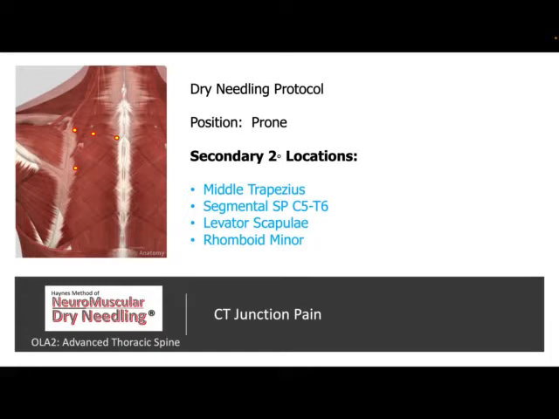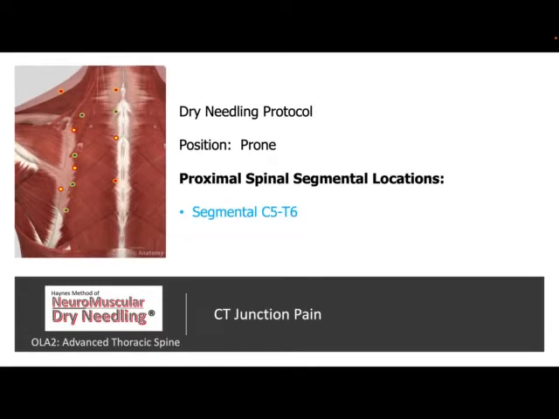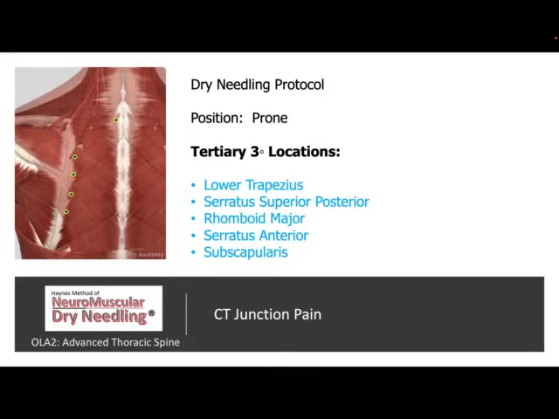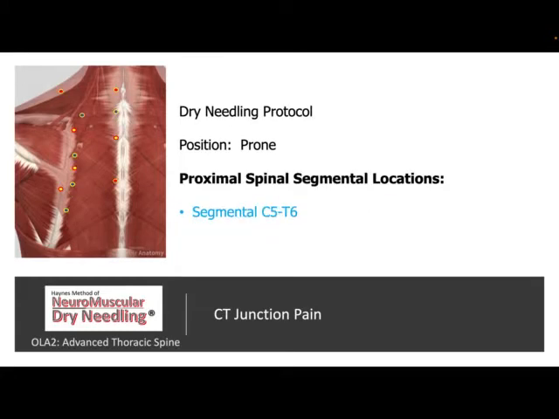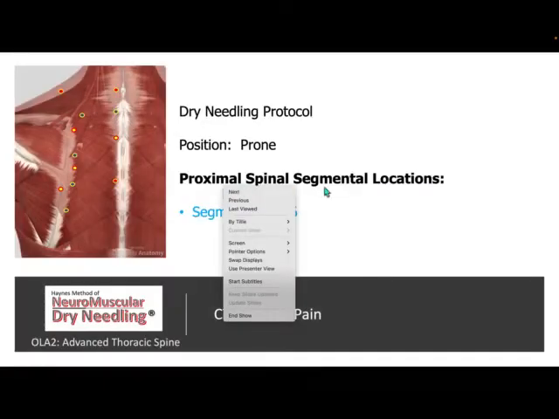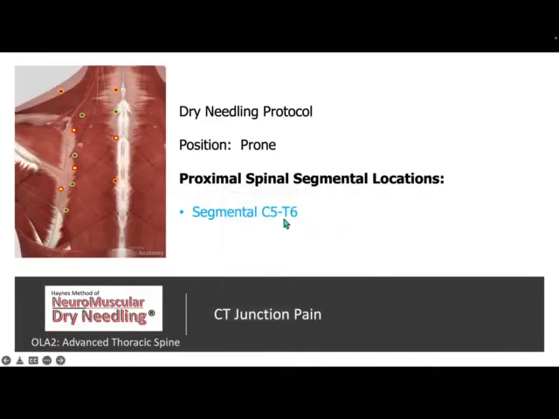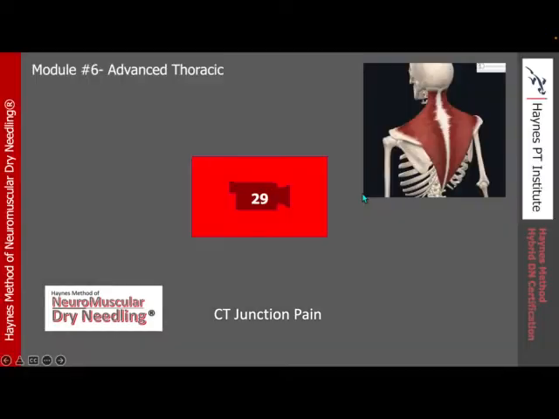We'll add in levator and rhomboid minor. And then lastly, we would look at lower trapezius, serratus superior posterior, rhomboid major, serratus anterior, and subscap. So basically, everything up and down the chain there, adjacent to the medial border of the scapula. And for that, we'll look at segmentally anywhere for C5 to T6 for our proximal spinal segmental locations.